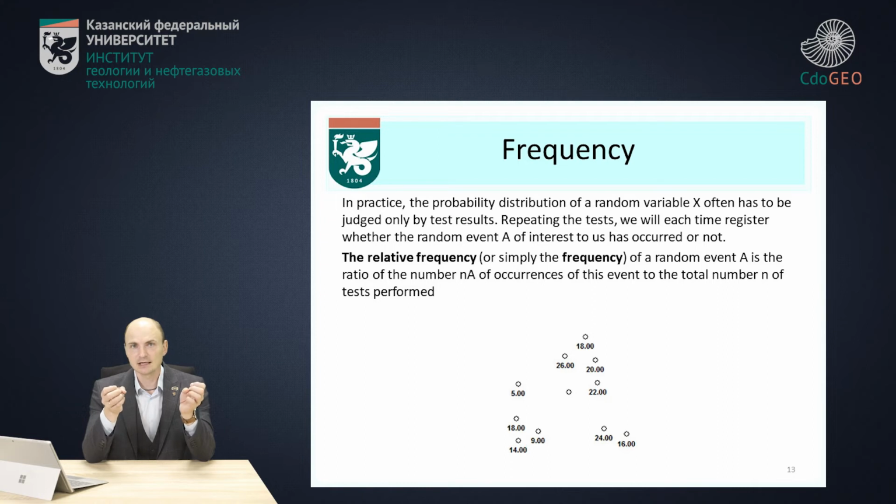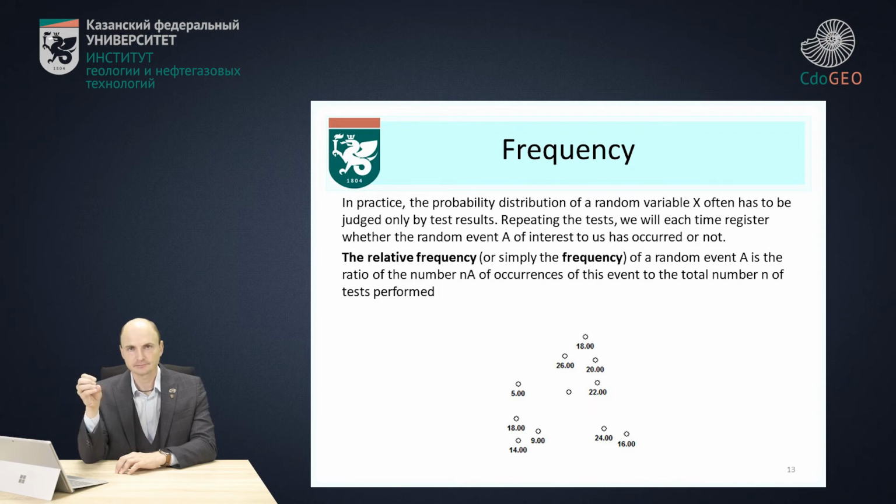That means that we are not quite sure about the porosity in each new well. We can only assess its probability. And the more values you have, the more stable your statistics is.